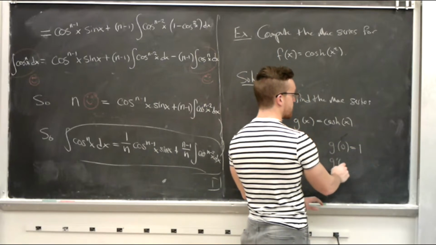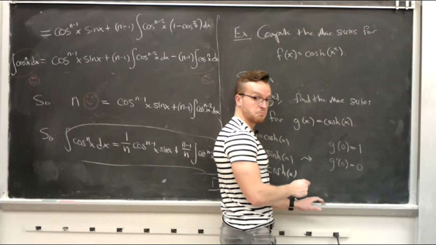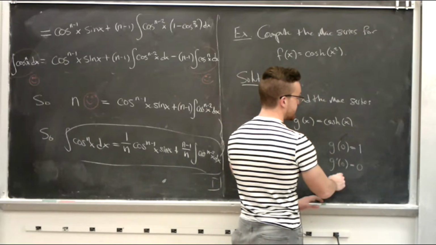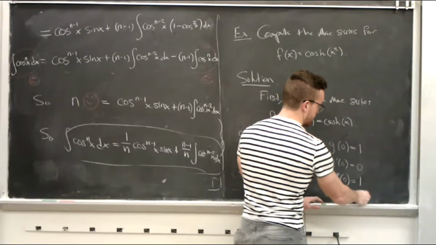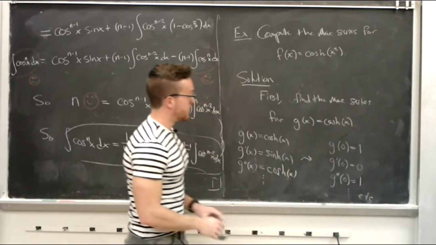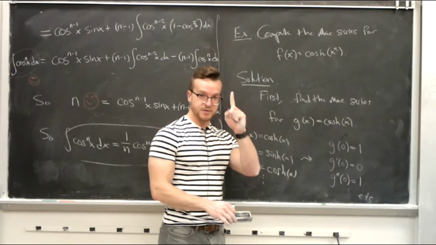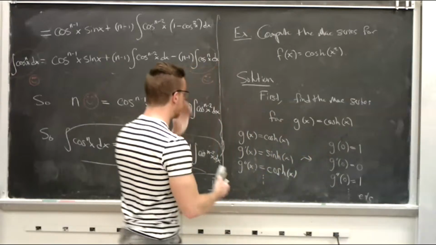Sinh of 0 is 0. Cosh of 0 is 1, sinh of 0 is 0, etc. So what we're finding here is that all even derivatives are 1, and all odd derivatives are 0.